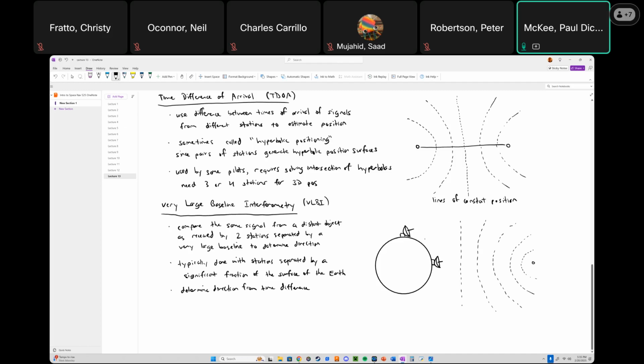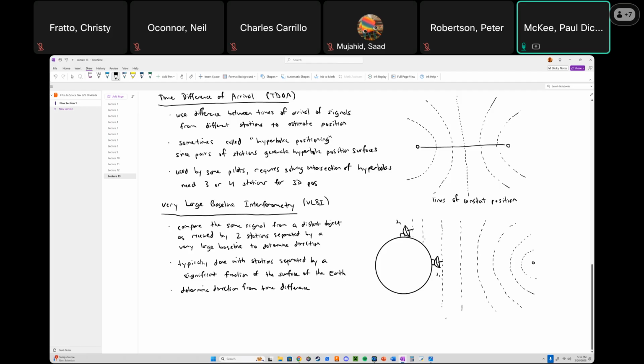You're so far away that you're getting parallel wavefronts. And you'll see that this station is going to receive its wavefront sooner than this station receives its wavefront. So this is going to receive at some time t1. This is going to receive at some time t2.